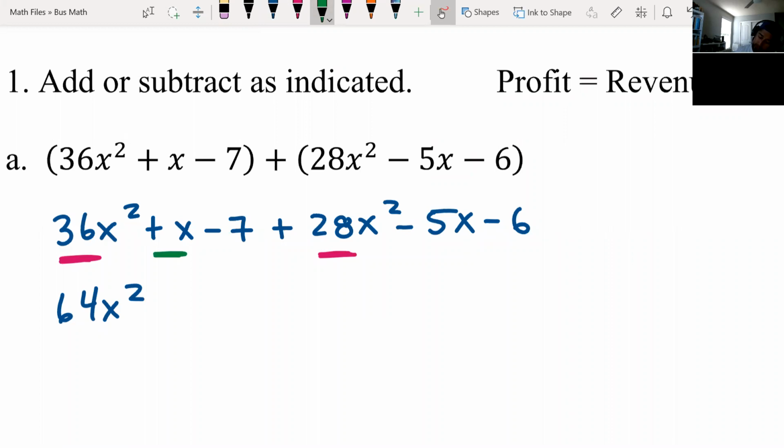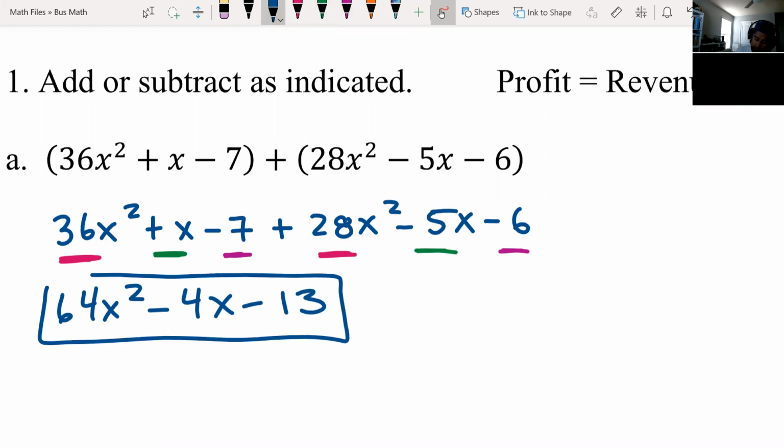I have a positive x here and a negative 5x there. So that's going to give me negative 4x. And then the last one, I have negative 7 and negative 6. So that's going to give me negative 13. And that's all we're doing here, is just combining like terms. Okay, any questions on that?